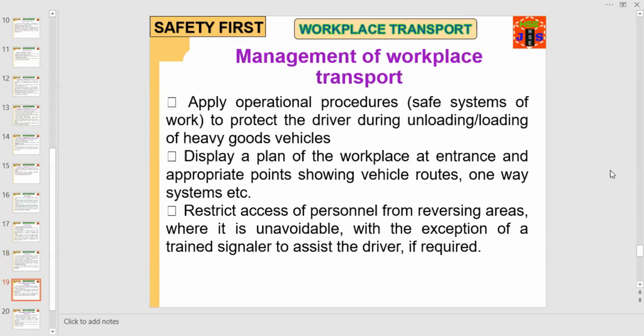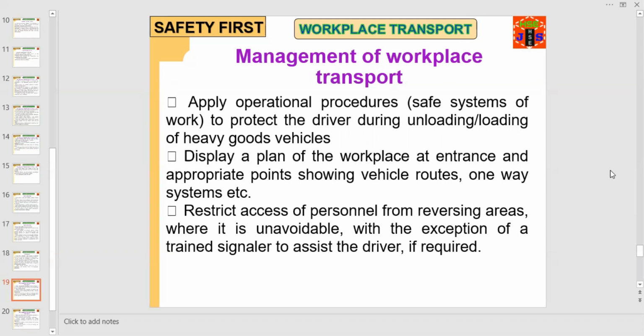Dear friends and fellows, after managing a safe workplace, safe vehicles, operators and drivers who are trained, competent, and fit, still, we have to do a lot more to keep the site under control and to reduce the risk of vehicular accidents to an acceptable level.